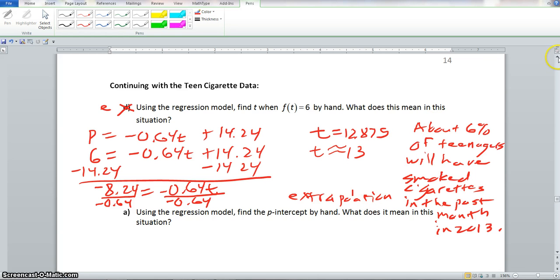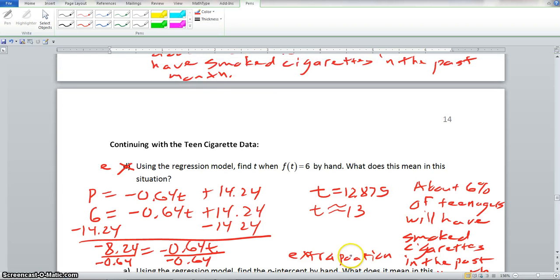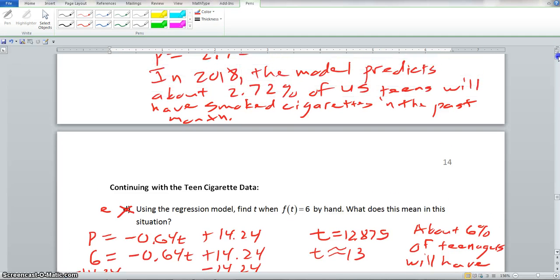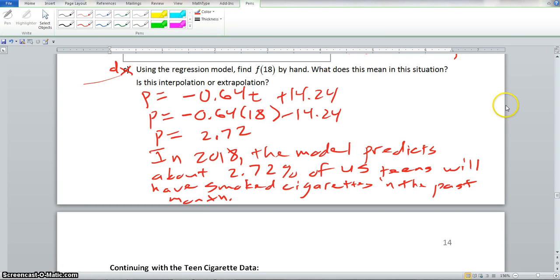And one other thing, I need to go back to the last problem, because we did not put down whether it was interpolation or extrapolation. Now, this here for this model also would be extrapolation.